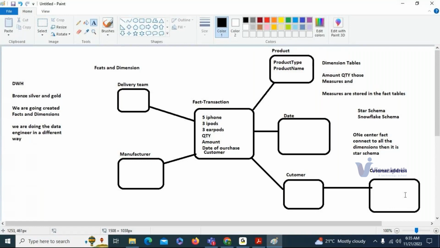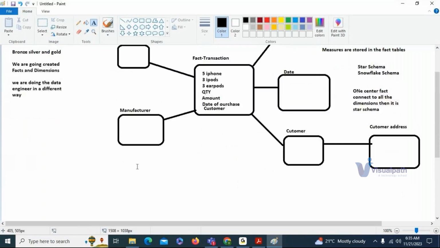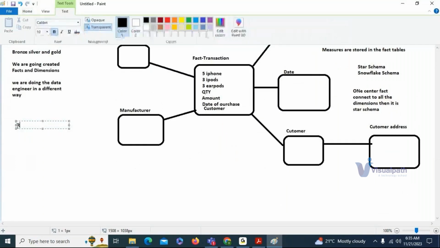Here you are maintaining a relationship between different dimension tables which don't have a direct relationship with the fact. That is the snowflake schema.